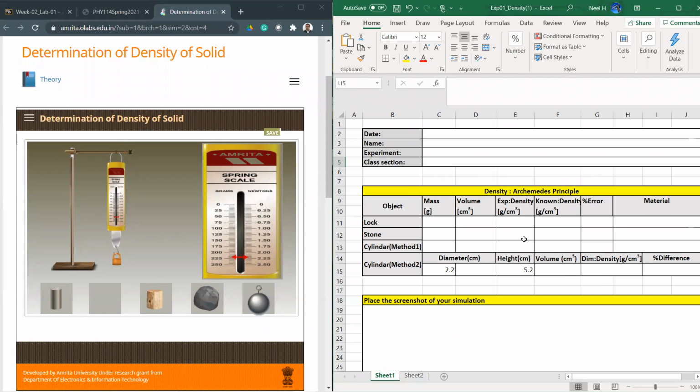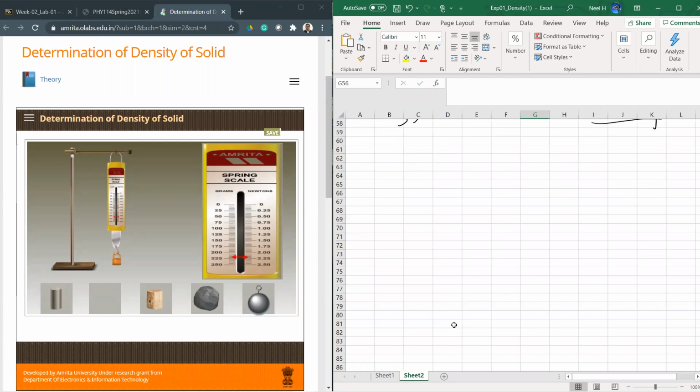Professor, what does Newton mean? Newton is the unit for the force of gravity. That's Newton's second law. You will talk about that in your class. I think there are 3 Newton laws.